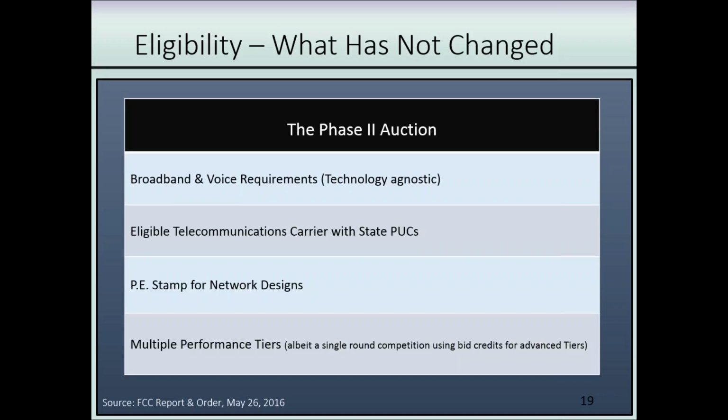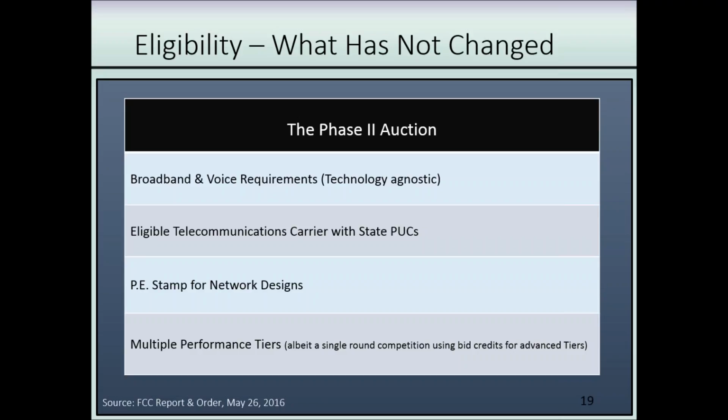And I would suggest to you that if you're interested in participating, let's establish those relationships earlier rather than later, so that you're not unfocused on the most important element, and that is how you want to place your bid. There will be multiple speed tiers. It'll be a single round competition, and there will be bid credits associated with various and multiple performance tiers.